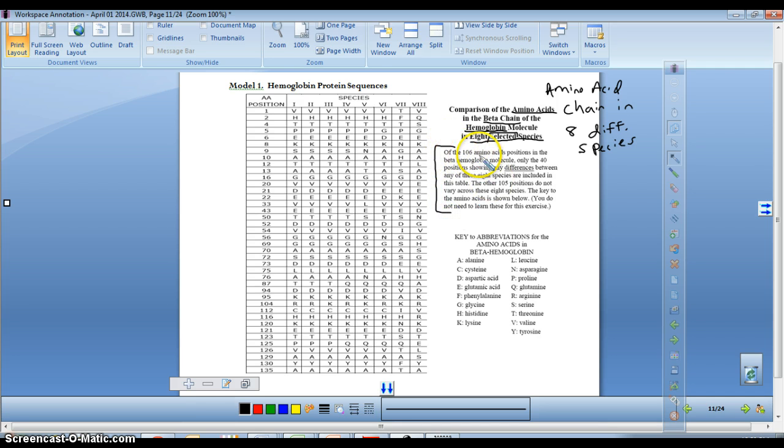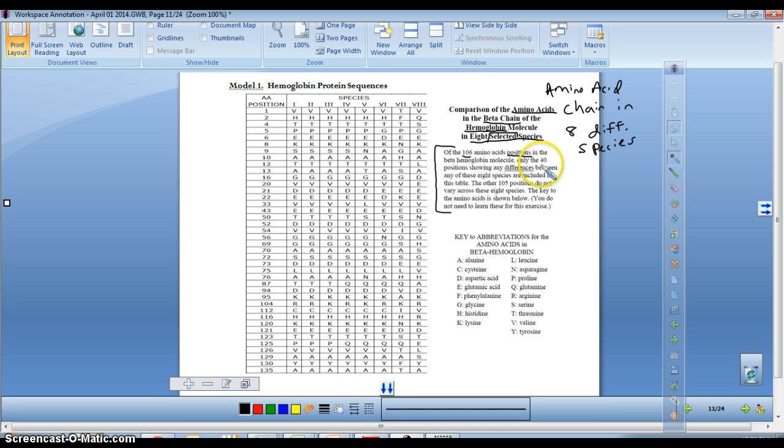Of the 106 amino acid positions, we know what positions means, out of the 106 amino acid positions in the beta hemoglobin molecule, only the 40 positions showing any differences between any of these 8 species are included in this table. So let's look at this again very carefully. How many amino acids make up a hemoglobin molecule? 106 amino acids make up hemoglobin.